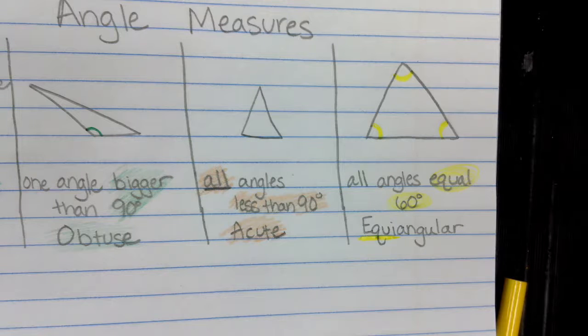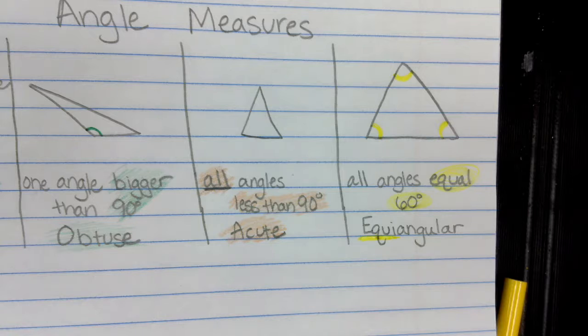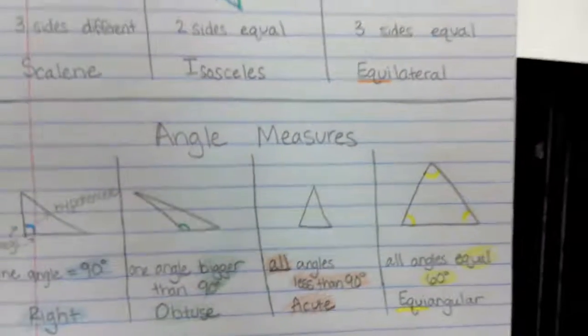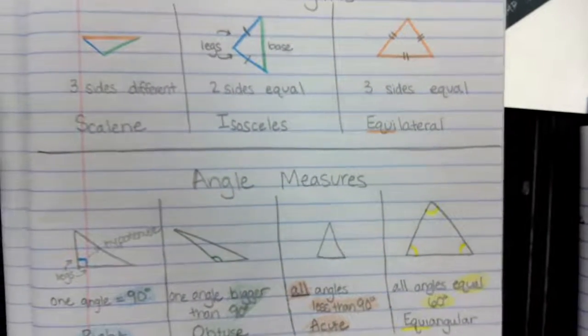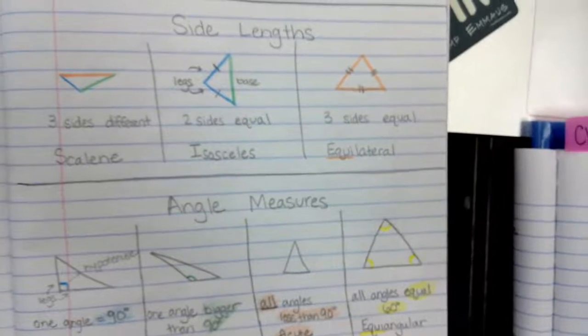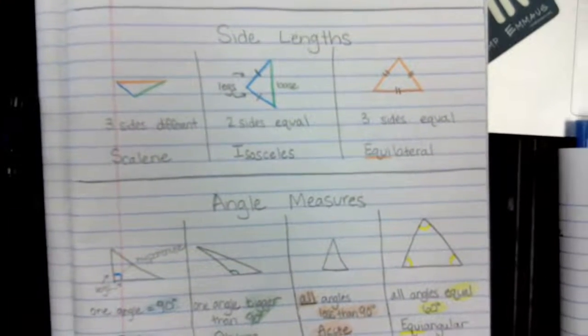Alright, so it's important. If you were here before and you got this written down, you can write this. I'll put this back on the board during practice time if you need to write the top part down. So don't worry about writing it down quite yet. But equiangular and equilateral are always together.